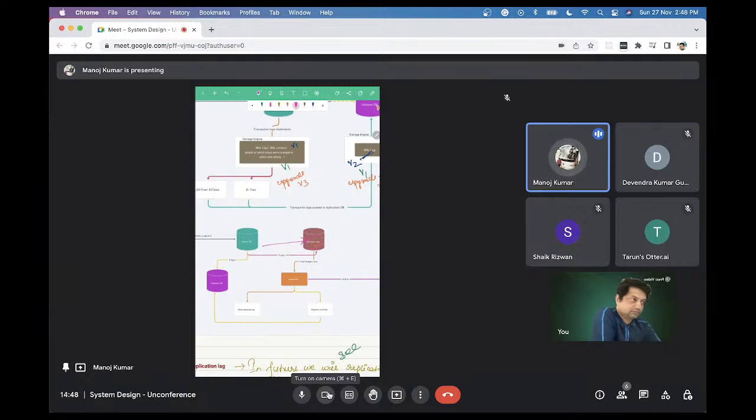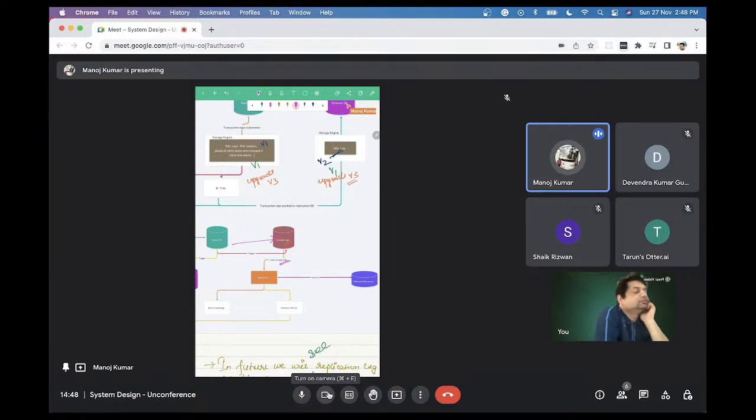Then this application code would capture the data, process it, and it can be sent to a different database or to an external system, or you can send it to queues or topics. It's up to us how we design the system.